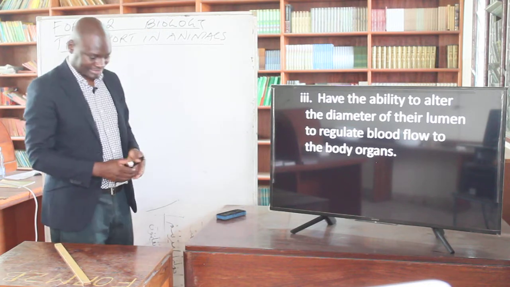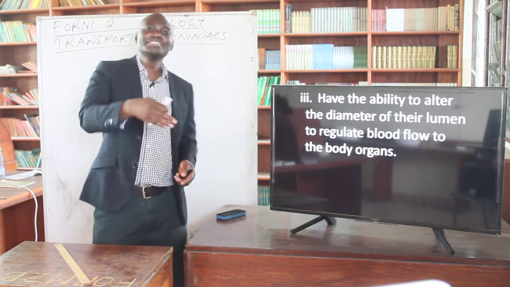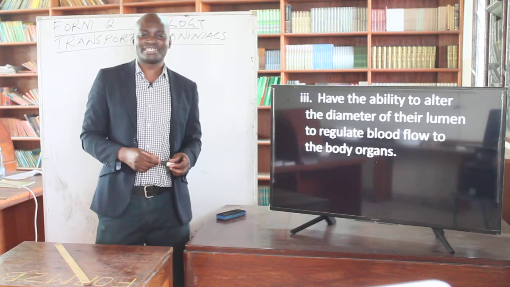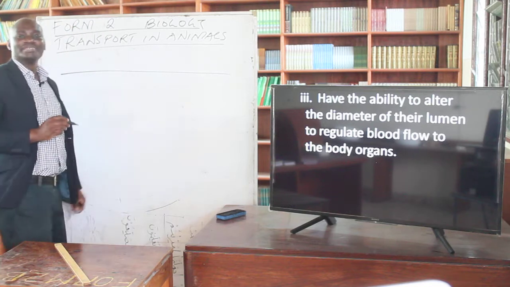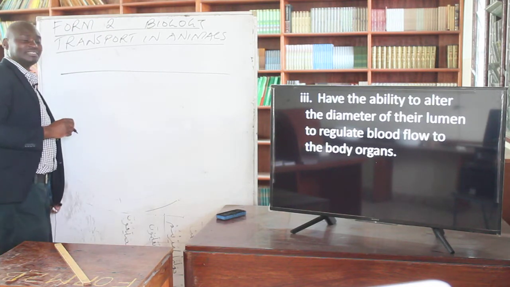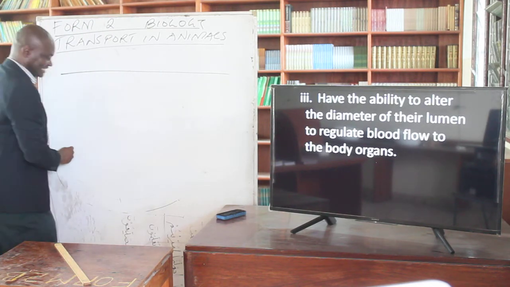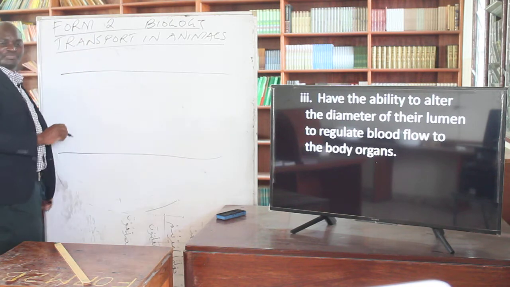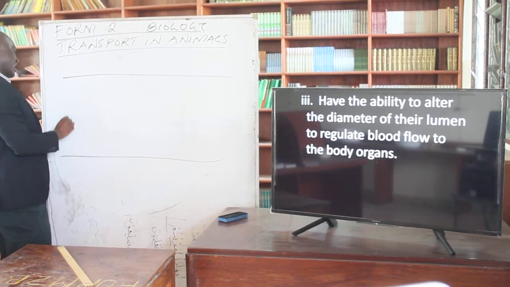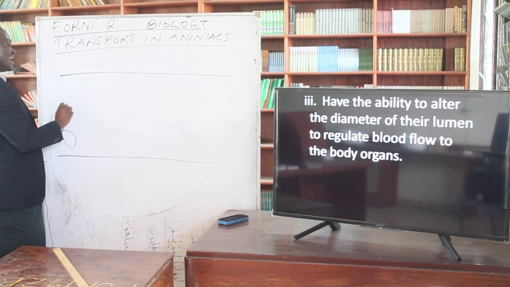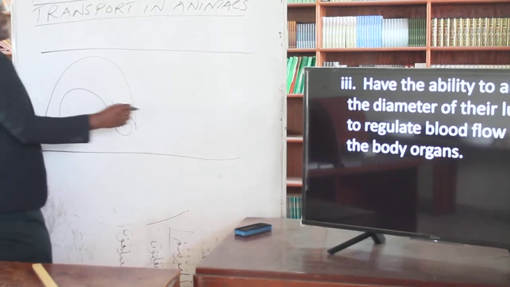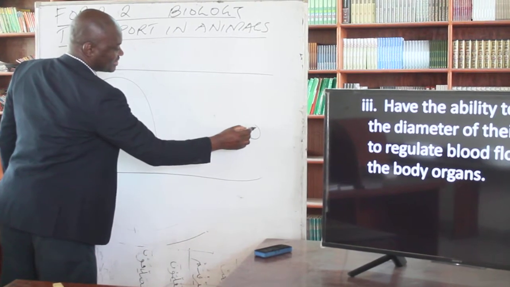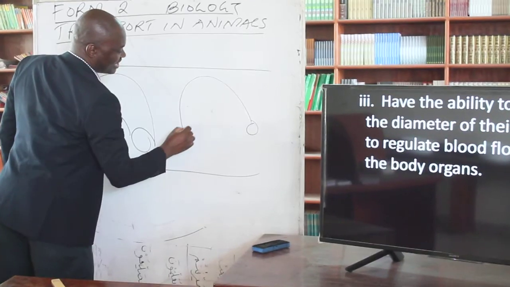I want to explain this. That they have the ability to alter their diameter. Now, let me say this is part of the body. Now, let me say this is the artery. This one is also another artery.